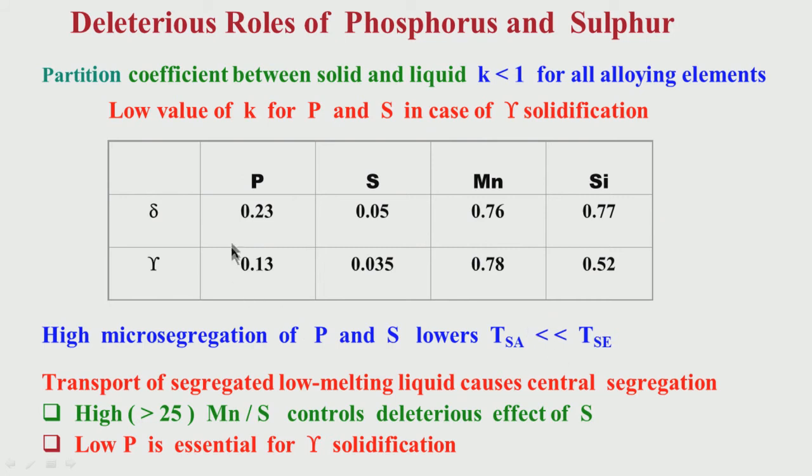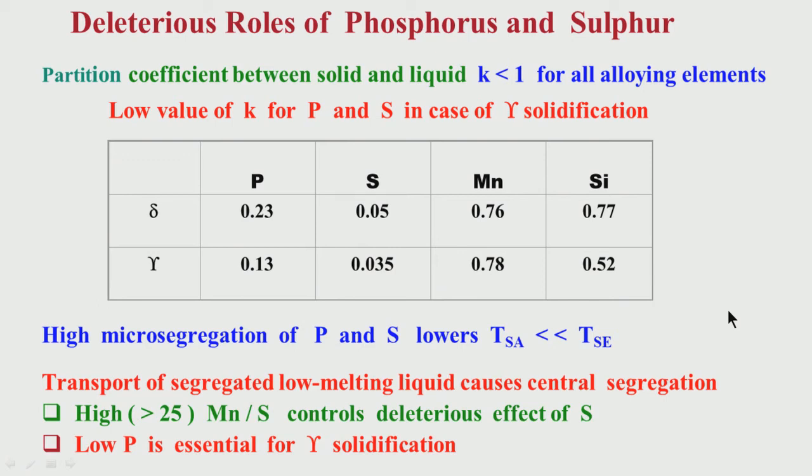This means more segregation for phosphorus and sulfur in austenitic mode, and the actual value of solidus is much lower compared to the equilibrium solidus. And what is happening is, the last solid which is solidifying, that means the central area of the cast structure, is having a high level of segregation.